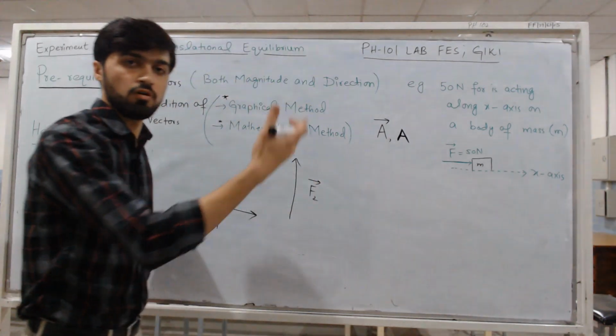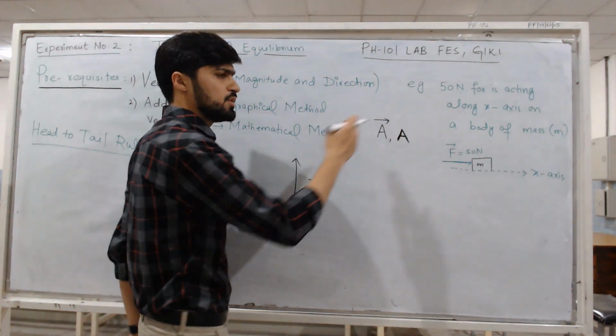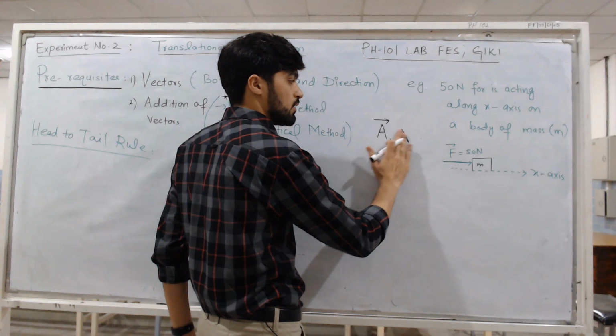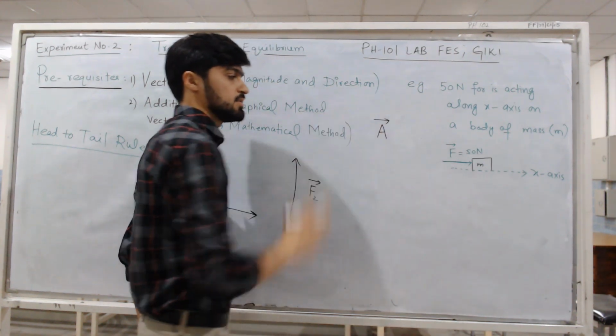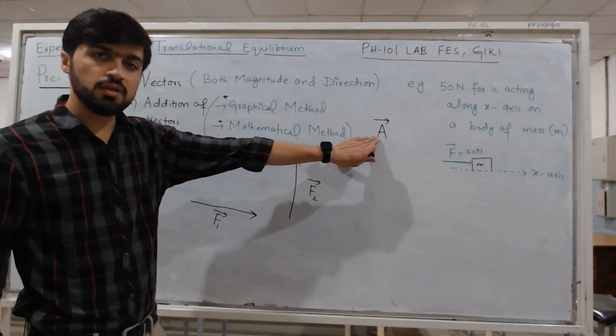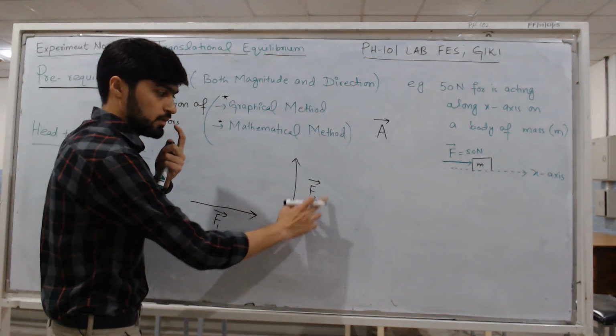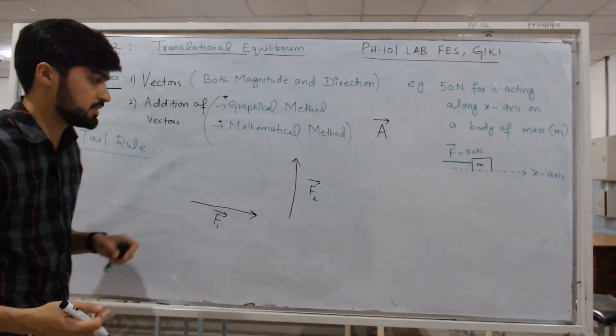You can use any of the notations, but it is better to use either this one or this one with an arrowhead above. Symbolically, a vector is represented with an arrowhead above. So this is representing a force, and the arrowhead represents the direction.